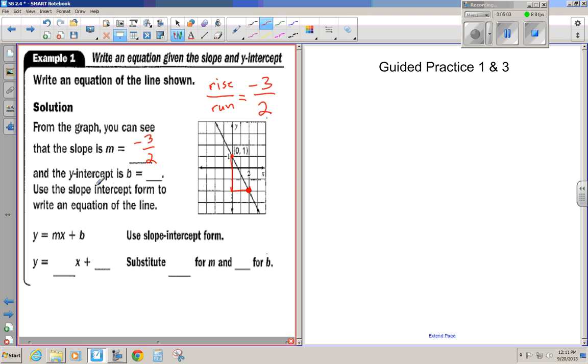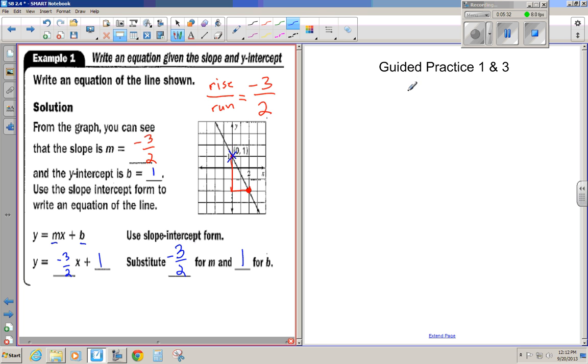The y-intercept is b equals, remember, y-intercept, where it crosses the y-axis, is at (0, 1). So the b value is 1. Now you have m, you have b. So substitute negative 3/2 for m and 1 for b, and you have your equation.